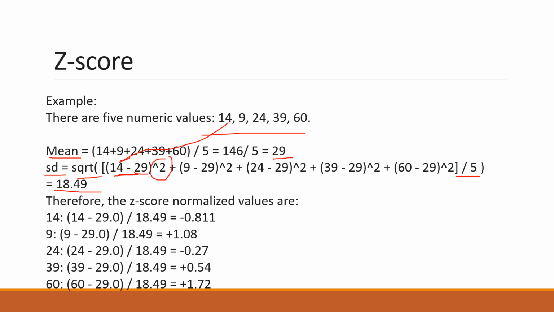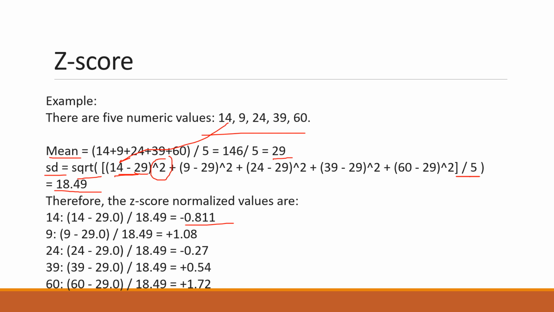Next, we use the z-score normalization formula to transform each value into its standard form. For example, for the value 14, the formula is 14 minus 29 over 18.49, which will be equal to minus 0.811. Which means that the standardized value of 14 is minus 0.811.